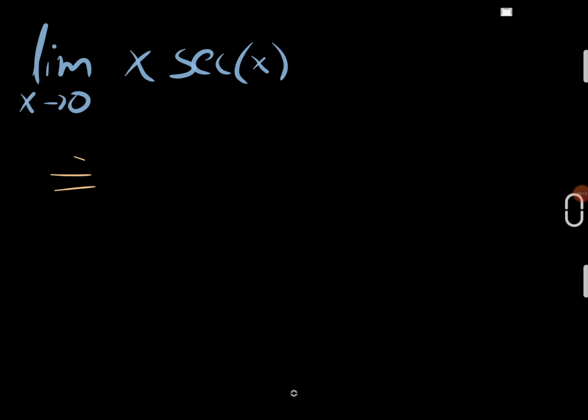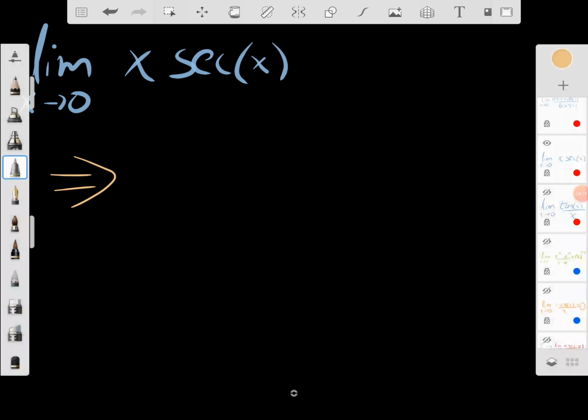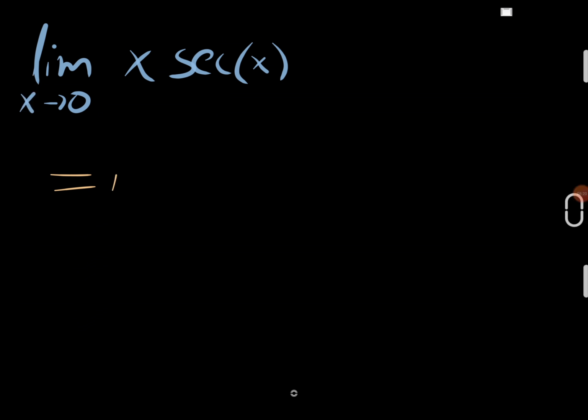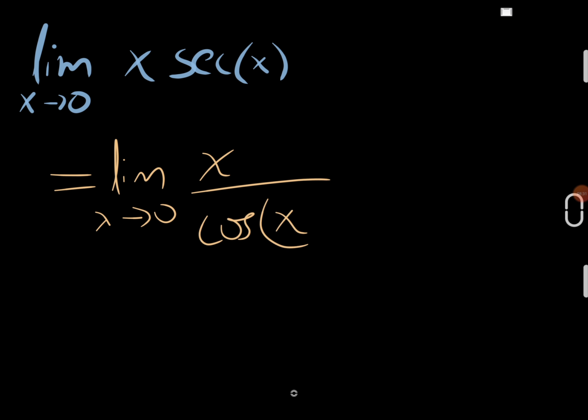Solving this, this is equal to limit x tends to 0, x into sec of x. Then I can write it as x divided by cos of x, because 1 by cos is sec.